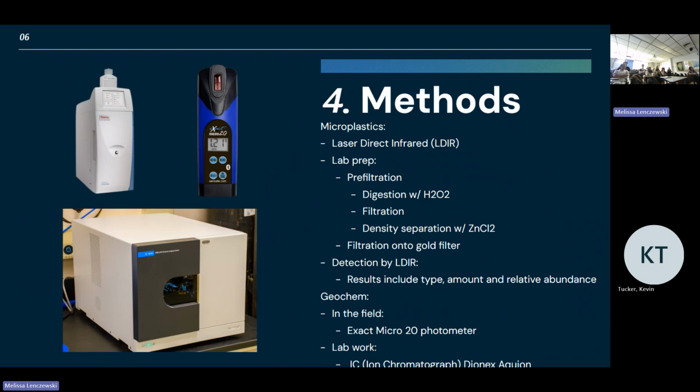The results this machine gives are the type of plastic, the amount of that certain type of plastic, as well as the relative abundance, or the percentage of the total sample that specific kind of plastic is.